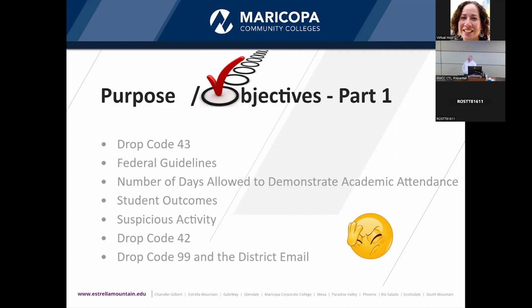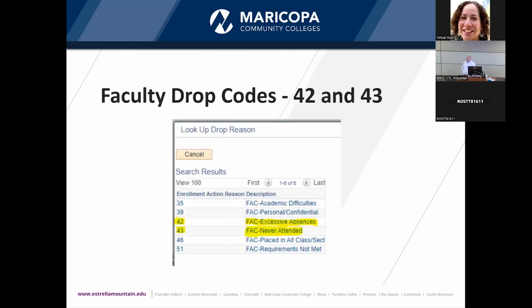Some of the student outcomes that happen if things aren't done correctly. A new topic that's hit Maricopa, which is some suspicious activity within some of the student accounts and some that are registered for your classes. And then we'll talk about drop code 42, as well as the dreaded drop code 99, which is self-dropping for students, and the follow-up district email that you often will receive.